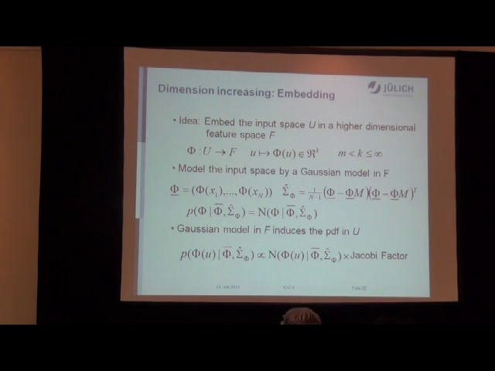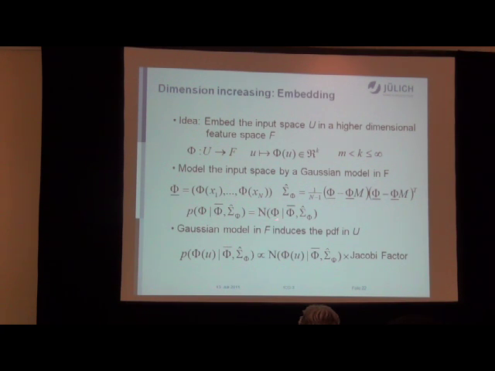The problem of a multiple mode distribution can be tackled in that we map our input space data onto a higher dimensional space with some embedding, hoping that in this high dimensional space the Gaussian model fits the data better. Then in this high dimensional space we estimate the model parameters, the mean and covariance, and get a Gaussian model in the feature space.